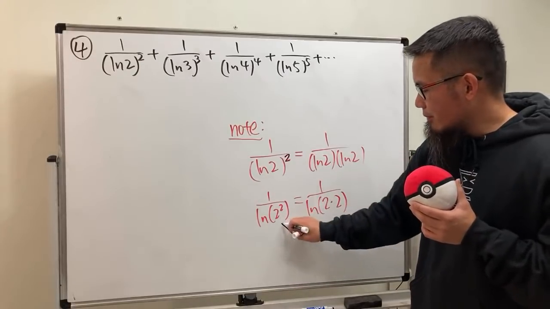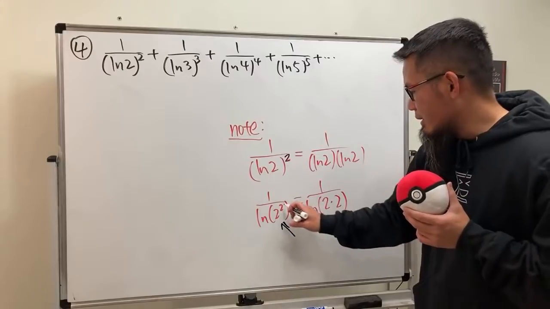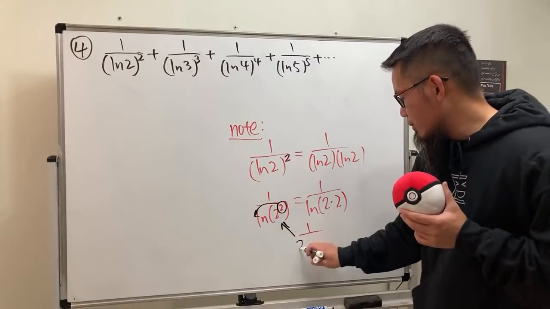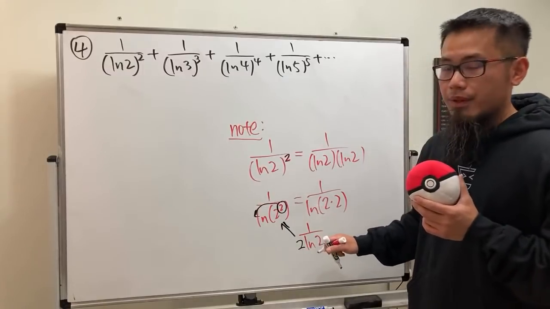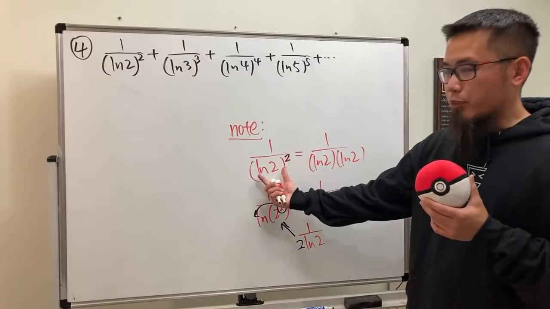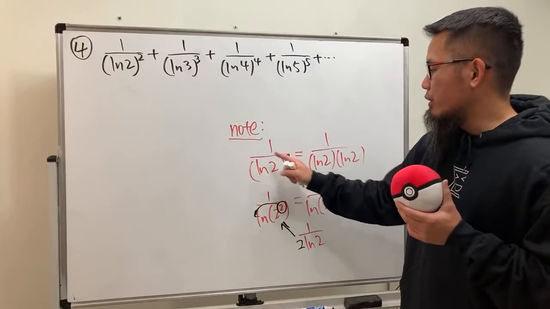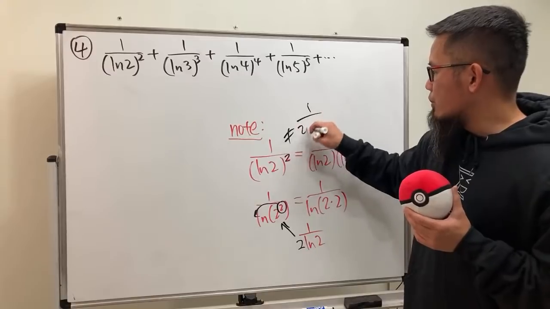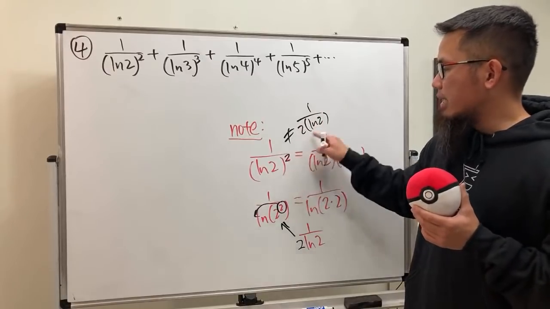And for this right here, you can bring the 2 to the front, which is 1 over 2 ln2. But if you have the 2 outside of the parentheses, we cannot bring the 2 to the front. So don't say this right here is the same as 1 over 2 ln2, right? This and that, they are not the same.